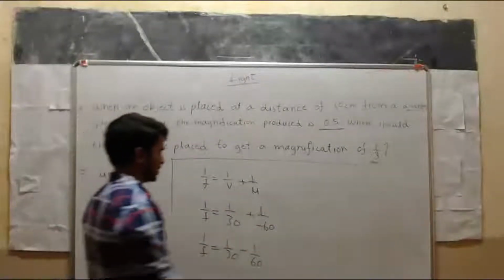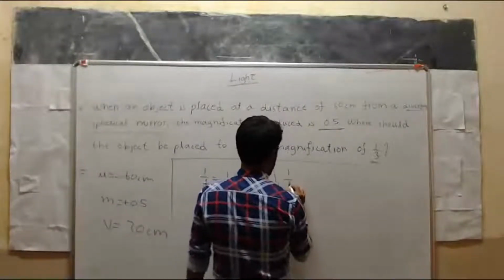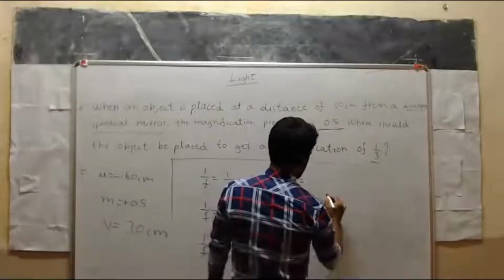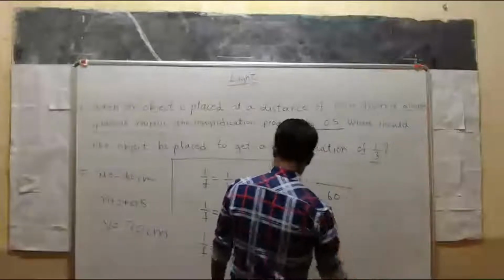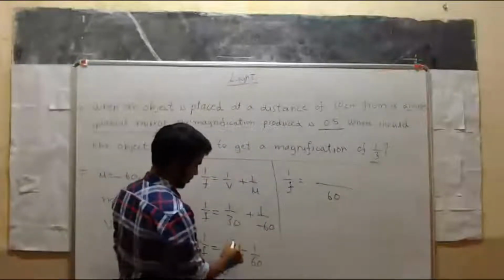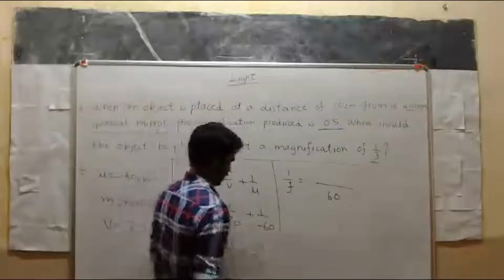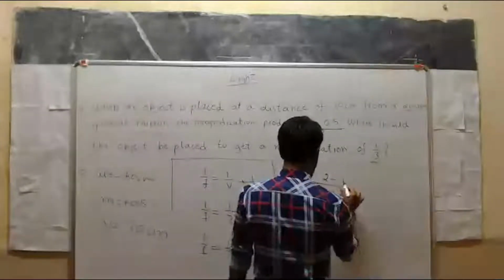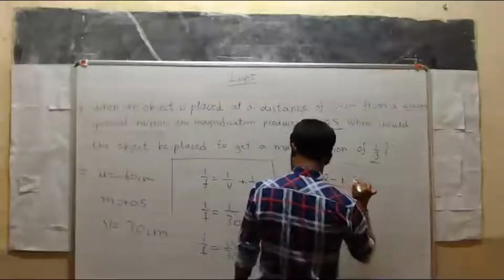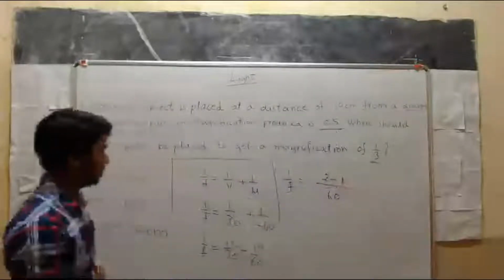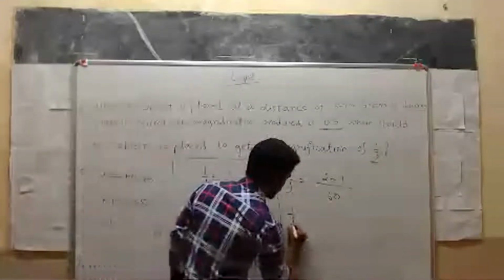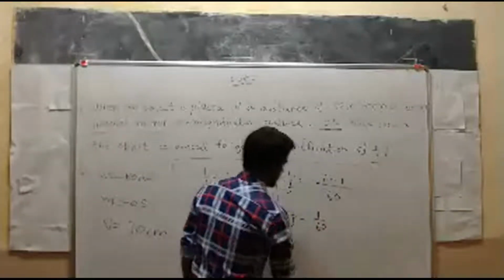Next, 1 by f equal to, the LCM of 30 and 60 is 60. So here you have to multiply by 2 and here by 1. So 2 minus 1, that is 1 by f equal to 1 by 60.